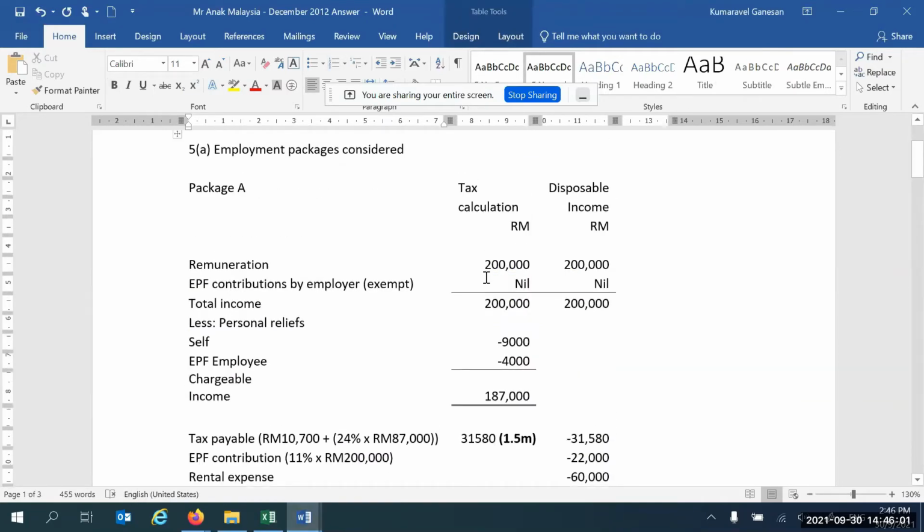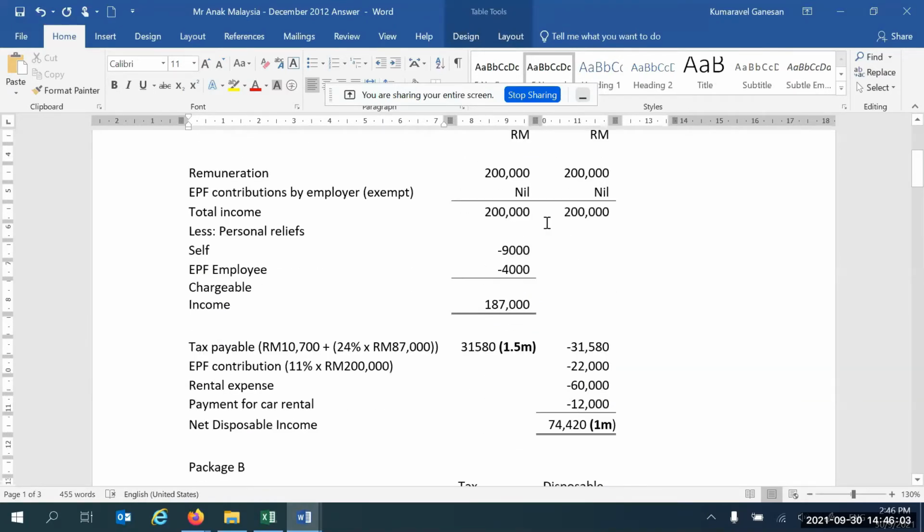Now, just mention what is different is that instead of, see, these two, instead of house he incurs himself, car he incurs himself, this is being paid.